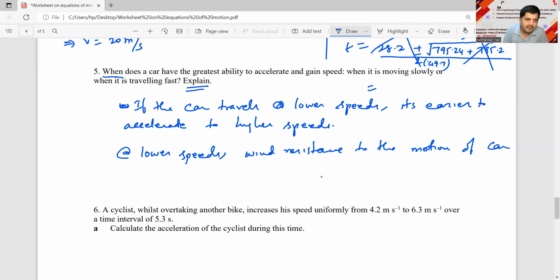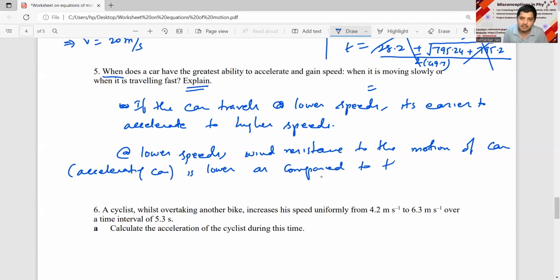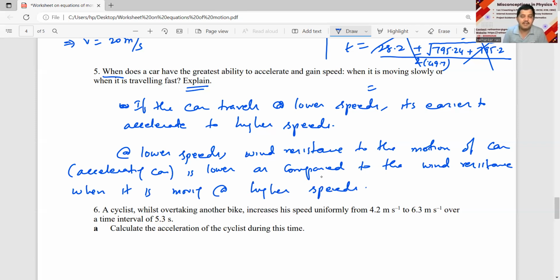Instead of writing motion of car, you can also say accelerating car, is lower as compared to the wind resistance, when it is moving at higher speeds. We have explained this also.